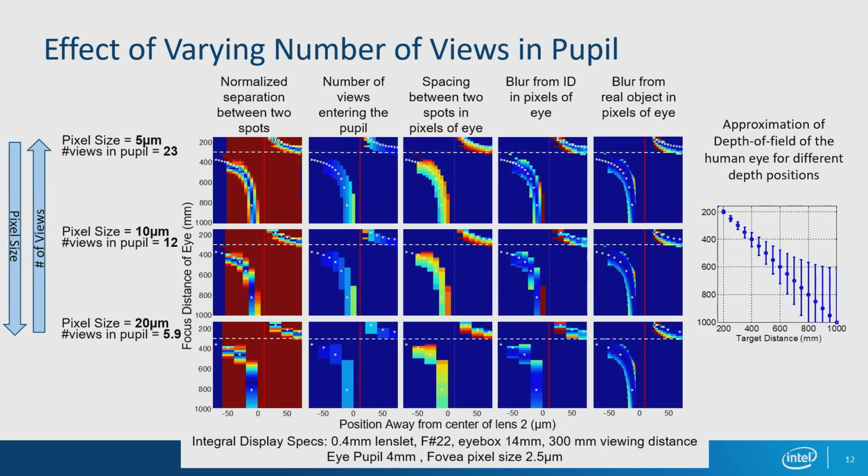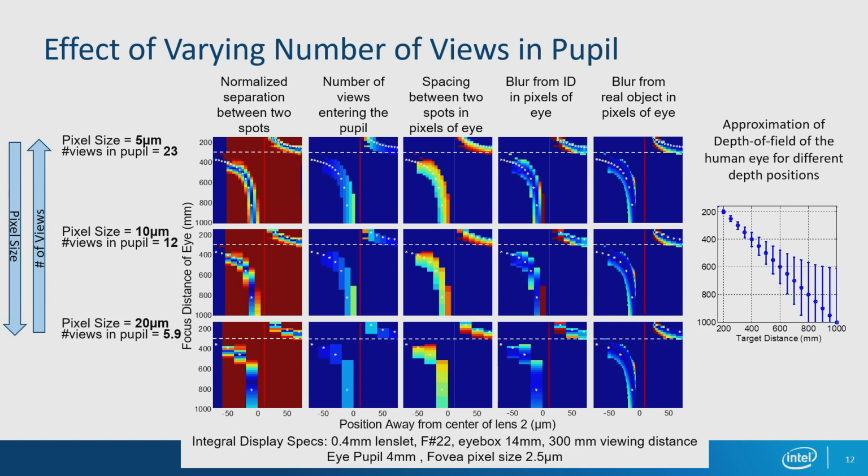Now I change the pixel size from 5 micron to 10 micron to 20 micron and reduce the number of views entering the pupil. The first thing we see is that as the number of views is reducing, the number of discrete depth points, these white dots, which are theoretically calculated depth positions, is reducing. So here I have 23, 12, 6.